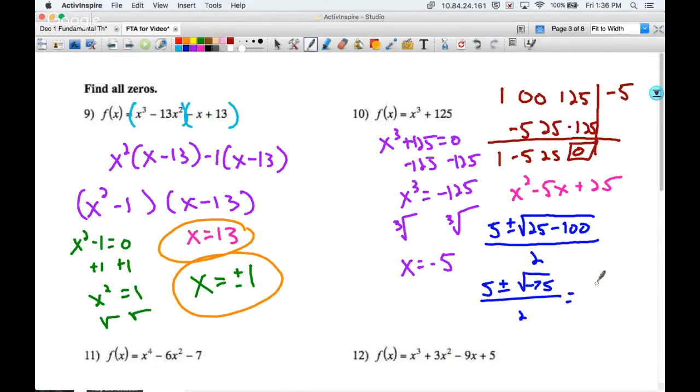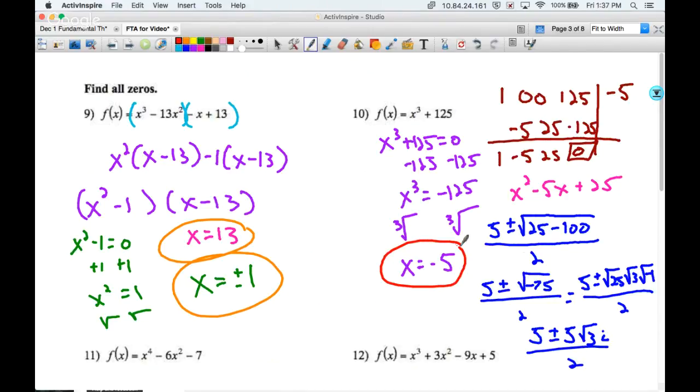I can rewrite that as 5 plus or minus square root of 25 times the square root of 3 times the square root of negative 1 all over 2, which then simplifies to 5 plus or minus 5 root 3 i all over 2. So there are those 3 roots. One's right there, and x equals this second root right there.